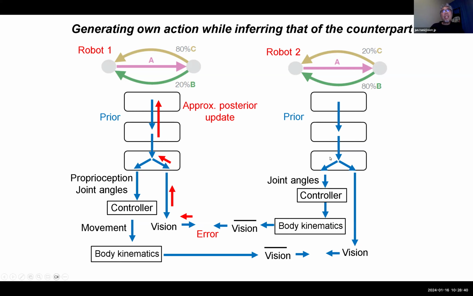In the same way here, the error is generated and the approximate posterior is updated. In this manner, the two robots are coupled through the error signal.